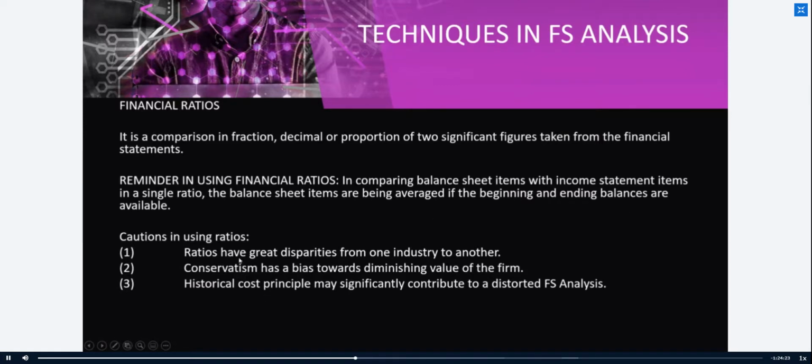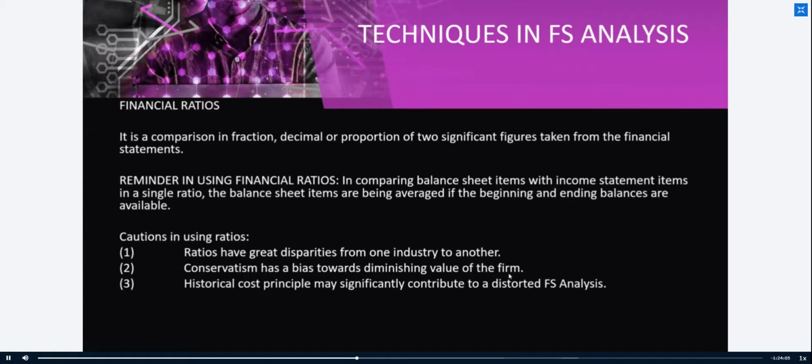So ratios have great disparities from one industry to another. Meaning you need to make sure that you're only comparing within the same industry, because otherwise there will be a lot of differences that you can take note of.